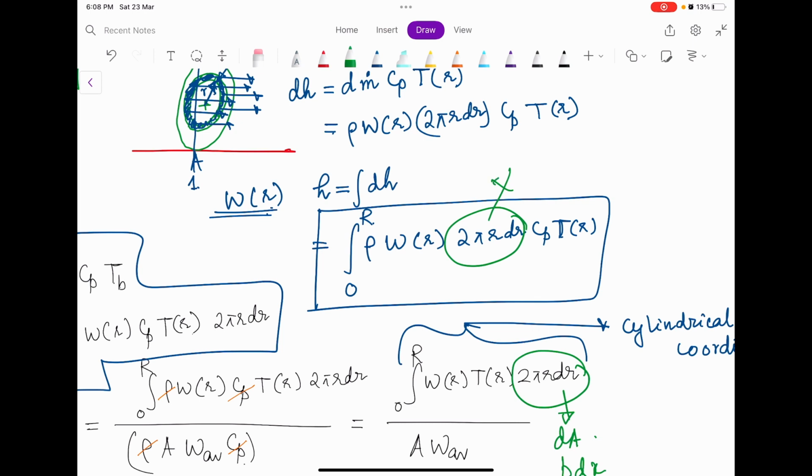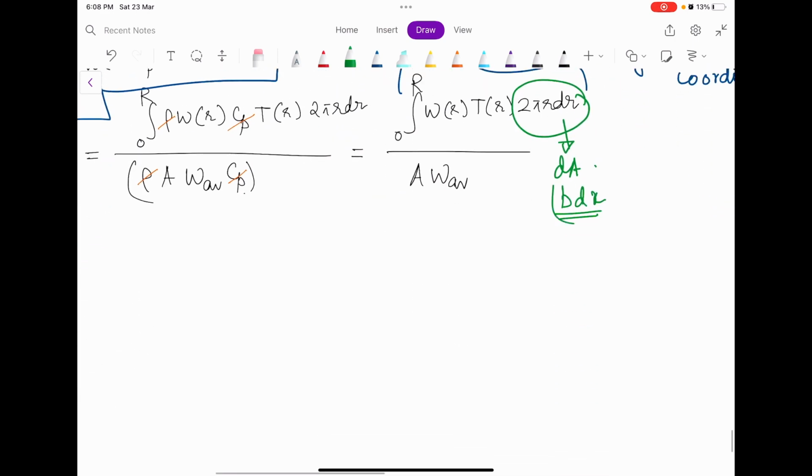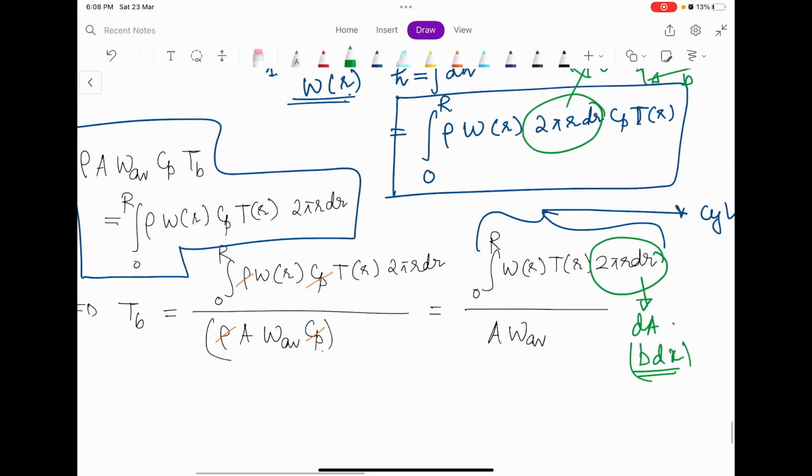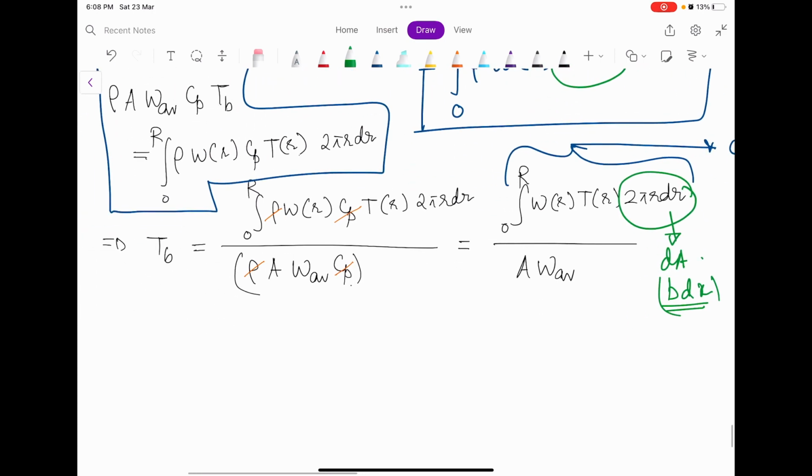This is actually the dA of the elemental strip. So in the parallel plate channel, if the cross section is like this, then you take a strip like this. Here this is b, and this is dx at a distance x, or dy maybe. So that is b dx. Then you can find that. So this is the bulk mean temperature.